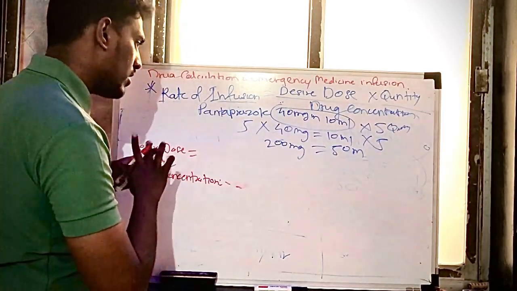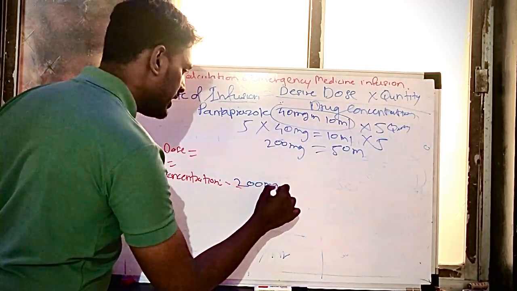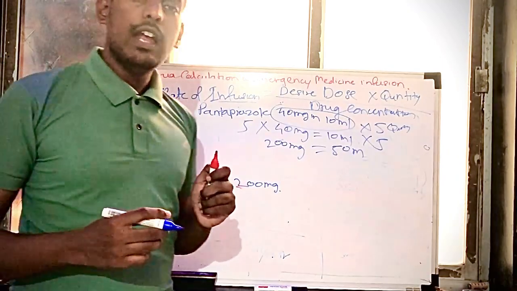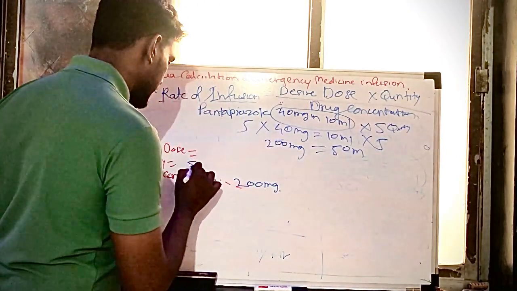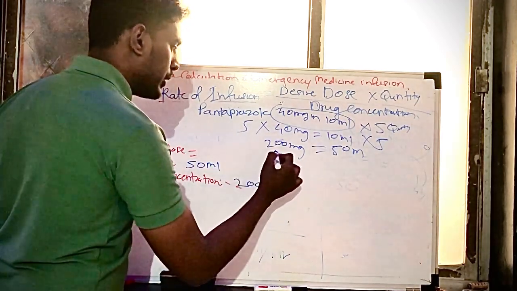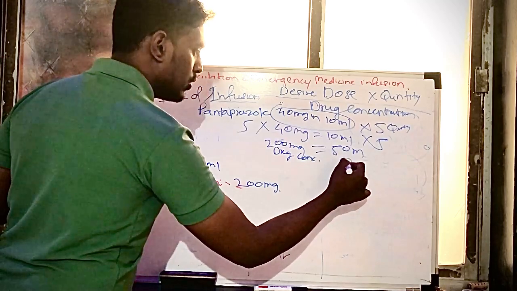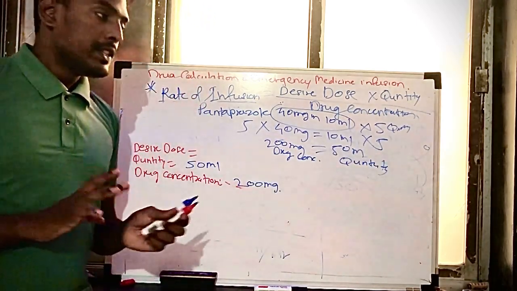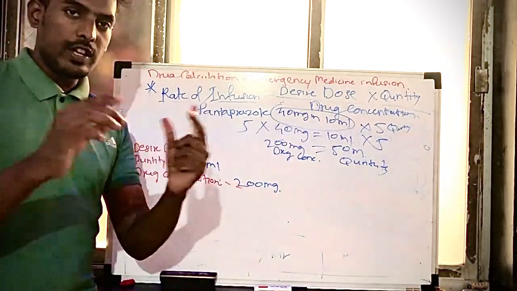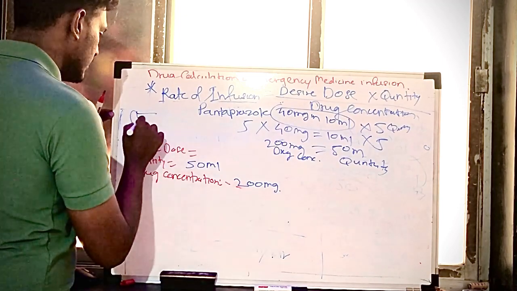So how much is the drug concentration? 200 mg. How much is the total quantity? 50 ml. So your drug concentration is 200 mg and the quantity is 50 ml. So you got the infusion ready. Your infusion syringe is already ready.